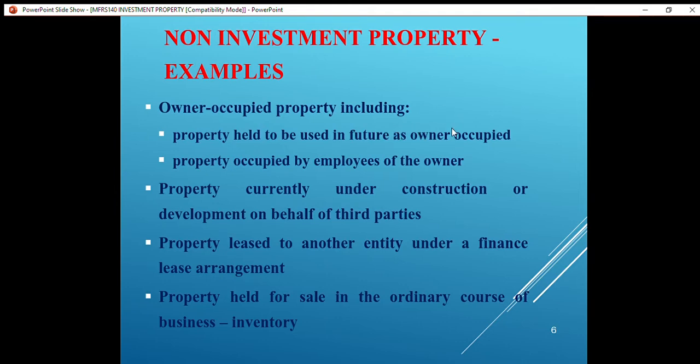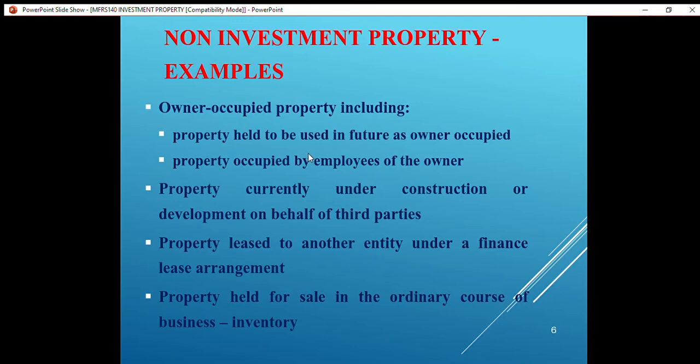This means property that is to be used in the future, for example, as an administrative office. And if it is to be used as an administrative office, then we can say that it is owner occupied. And then properties occupied by employees of the owner. This also can be classified as owner occupied property.